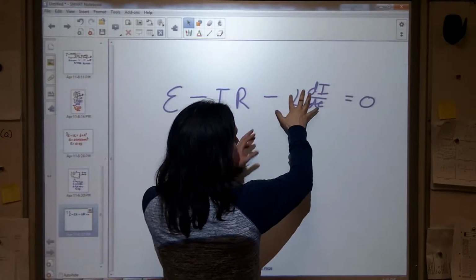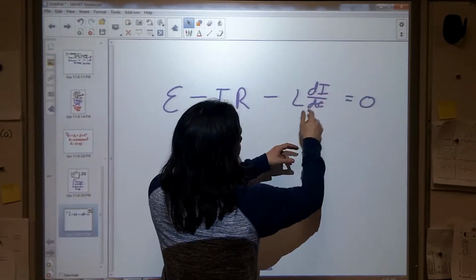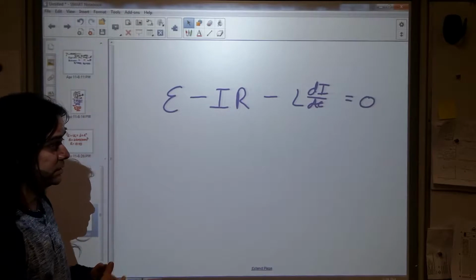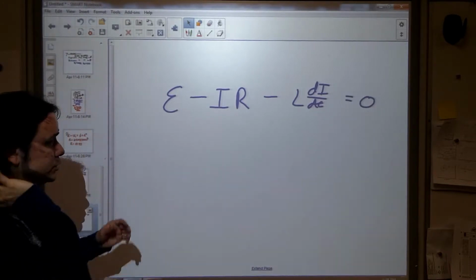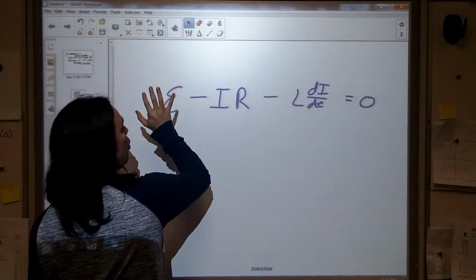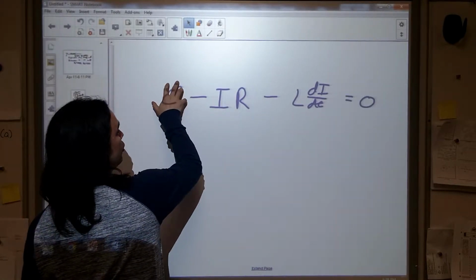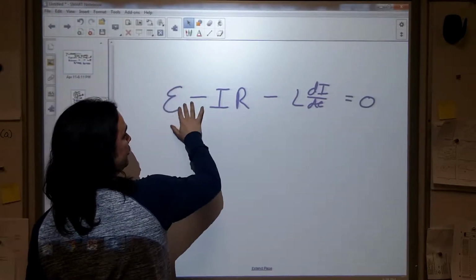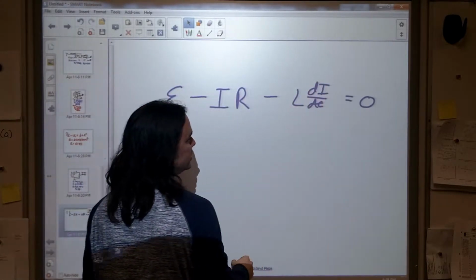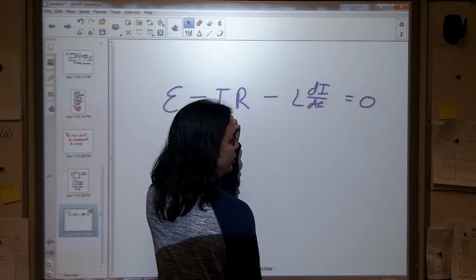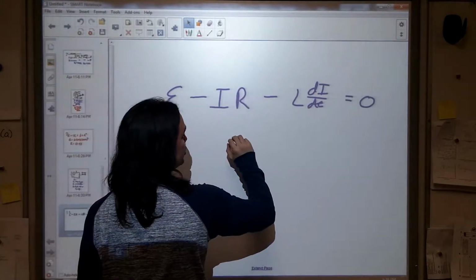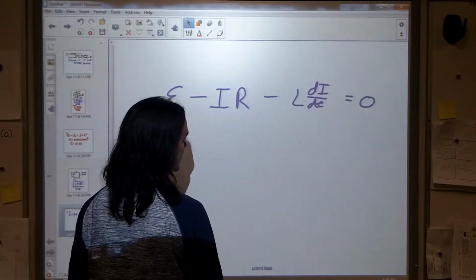The negative that goes along with this factors into the fact that di/dt has a specific shape. In this case it's an increasing one versus decreasing. With the loop rule, the battery is giving energy, the resistor is taking it away, and so is the inductor. So I'm going to use these values with the minuses so the resistor is taking energy and the inductor is taking energy.